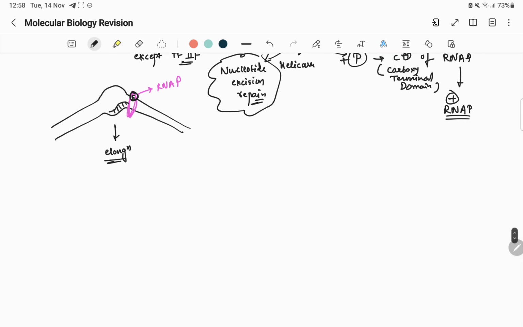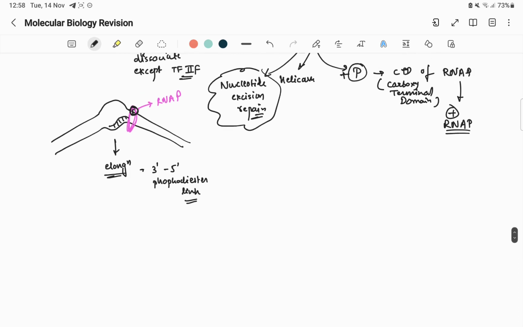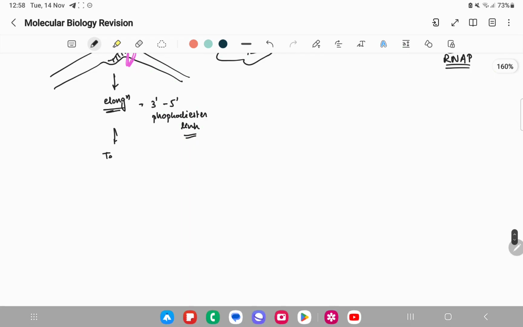More and more nucleotides will be added. So 3' to 5' phosphodiester linkages will be formed, and addition of nucleotides will start, due to which the RNA will start to form. Then after elongation we'll see the termination.